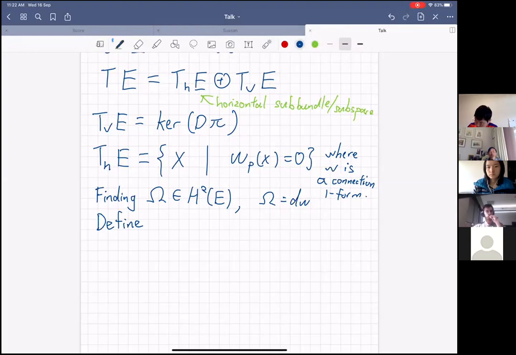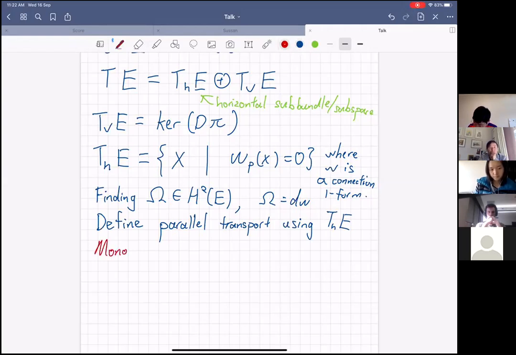And then the monodromy is like taking, so okay, monodromy is, sorry, what was capital E here?